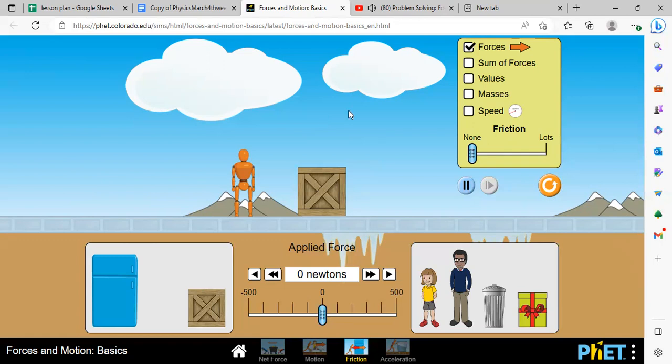So kung gagawa tayo ng free body diagram, so let's create this box as a point, no? So kaya tayo gagawa ng free body diagram.